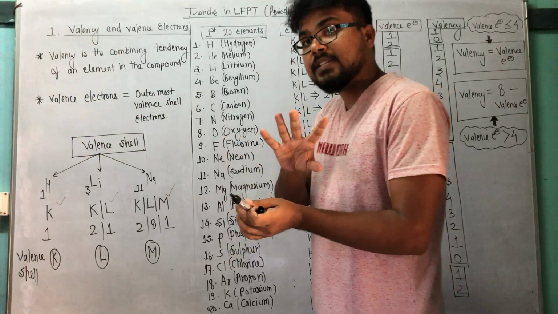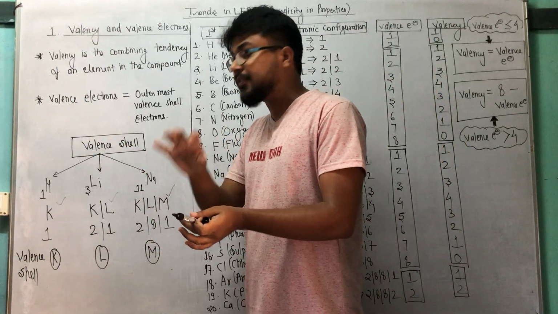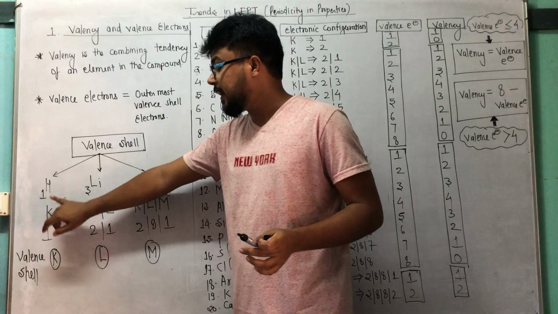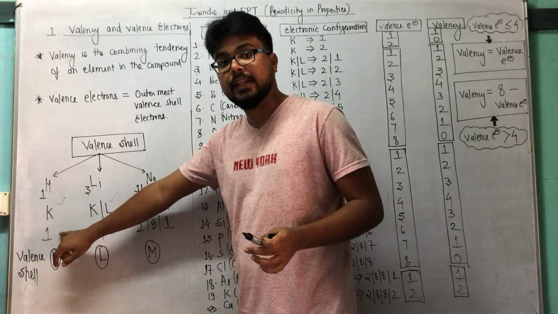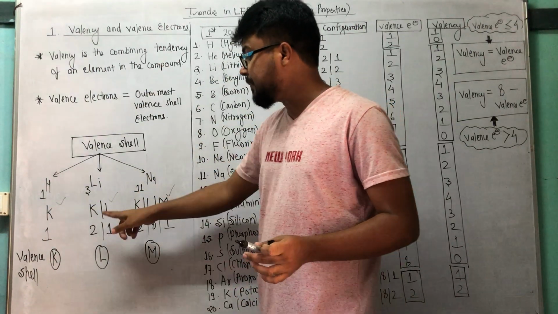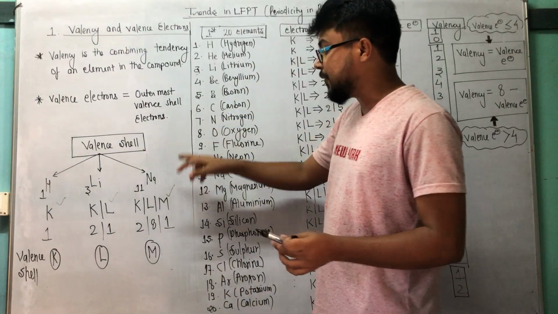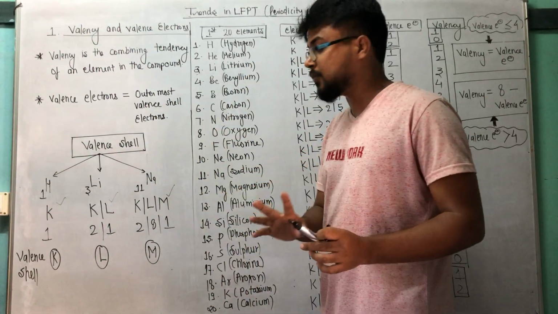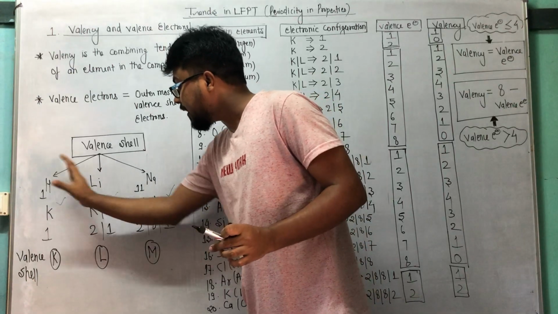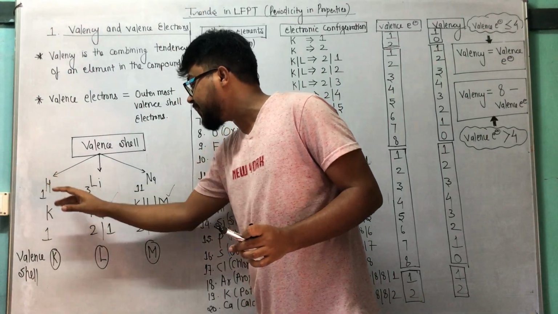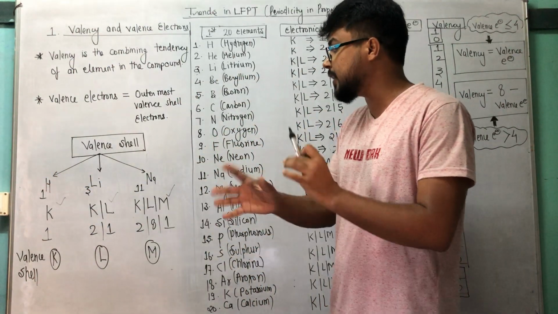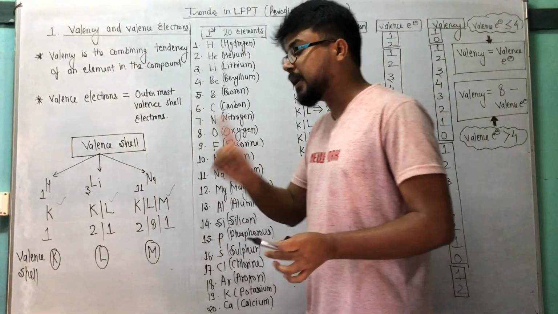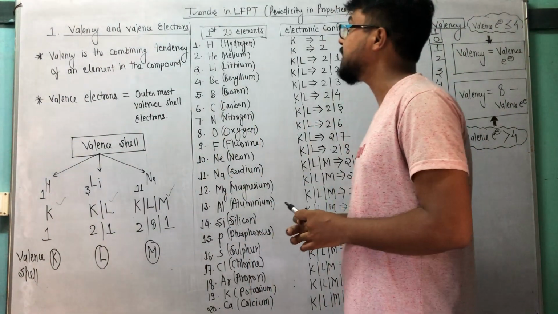And again, one thing is there, the valence shell electron. For hydrogen, in the K shell there is only 1 electron, for lithium in the L shell 1 electron, and for sodium in the M shell 1 electron. So for all these elements, hydrogen, lithium and sodium, the valence shell electron will be 1, correct?